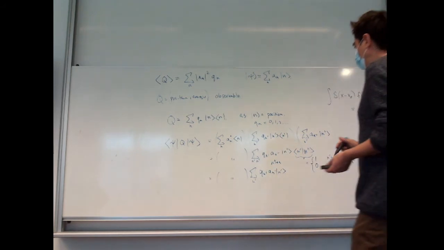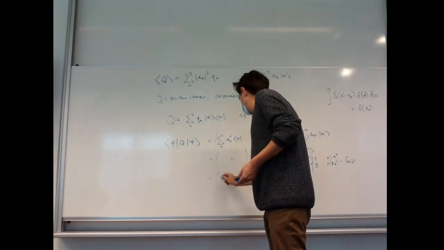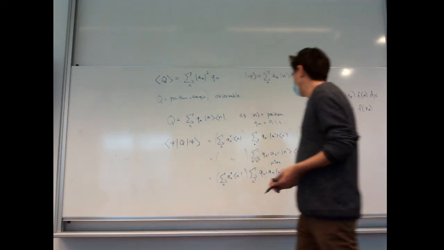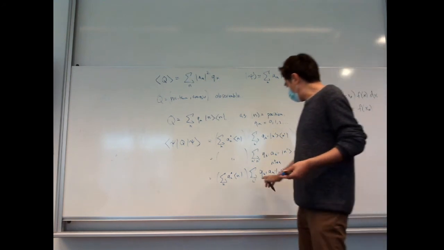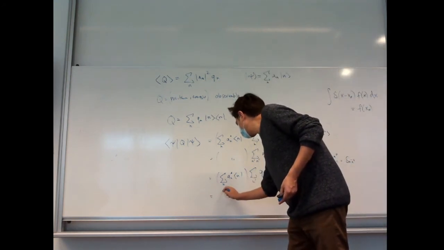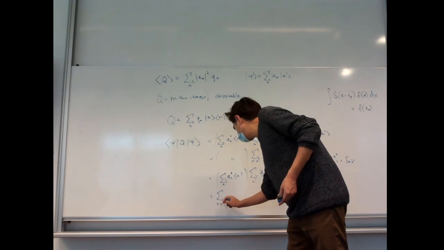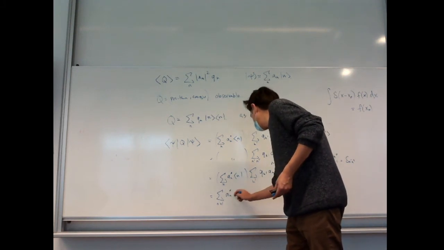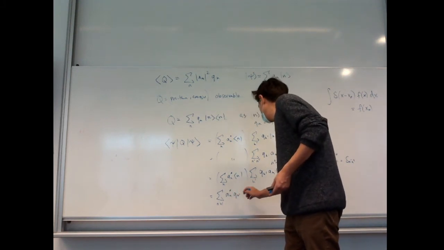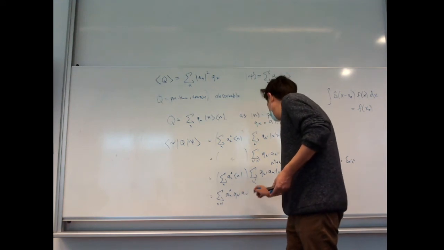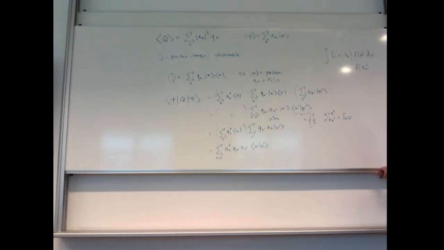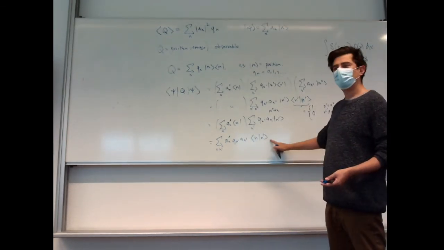Okay, let's keep going here. So now I've got two sums over n prime, and we've got a_n star, q_n prime, a_n prime, and we've got the n overlap with n prime, the n inner product with n prime. Can we see how this one simplifies?